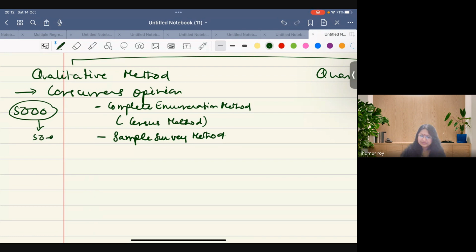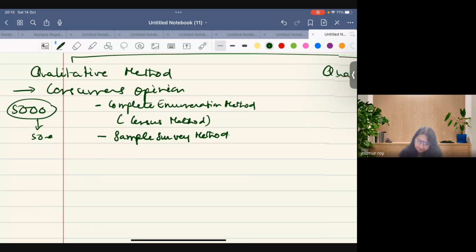So whatever the sample says, we will say, okay, I talked to 50 people, and they all said they liked the biscuit. That means the majority of these 5,000 people will also like the biscuit. So that is what we call the sample survey method. That is, by taking a smaller group, we are able to forecast for a large group of people.